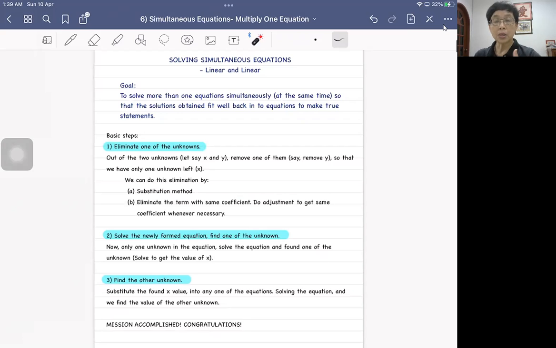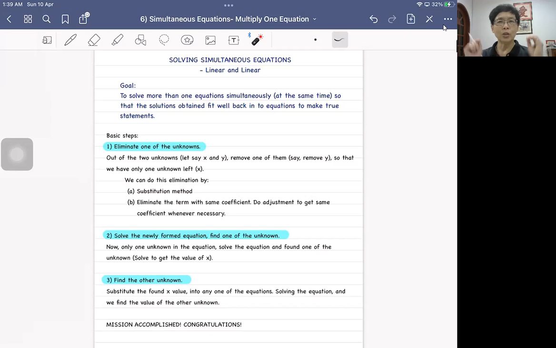The first step is eliminating one of the unknowns. So we will produce a simple one-unknown linear equation. And then we proceed to the second step, where we solve that simple linear equation with one unknown. And that will give you the value for that first unknown.